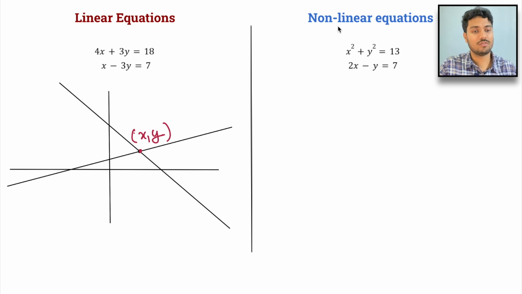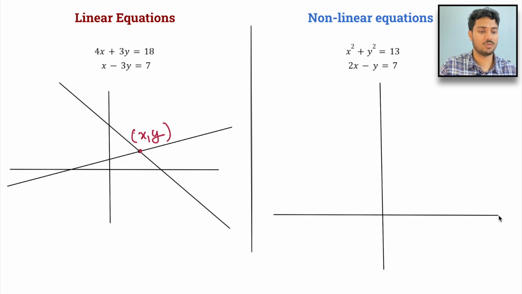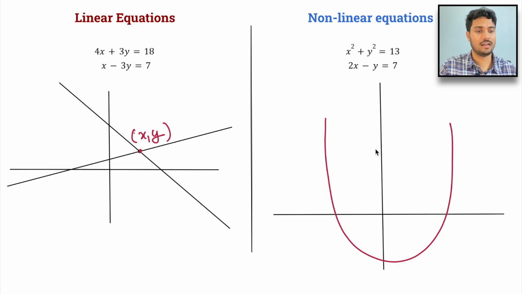Similarly, in the case of nonlinear equations, you have two equations, one linear and the other nonlinear. For example, you have x square plus y square equals 13, or a quadratic equation with a parabola, let's say like this, and another one is a line, let's say like this.